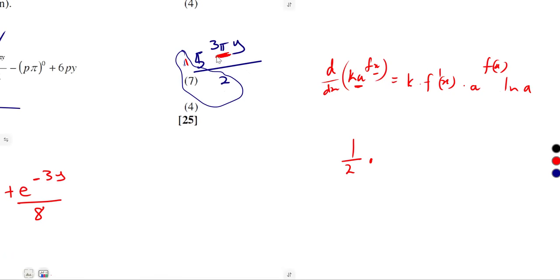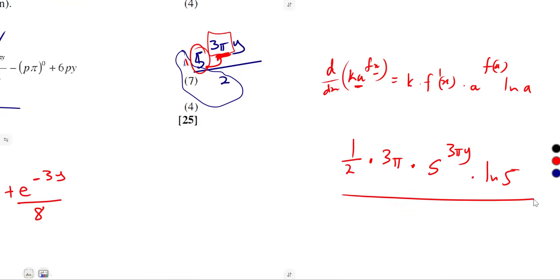We are dealing with y, so if we differentiate, it's going to be what? It's going to be 3 pi times our a to the exponent, 5 to the exponent of 3 pi y, times the ln of a. Remember, our a is 5, so it is the ln of 5. So this is it.